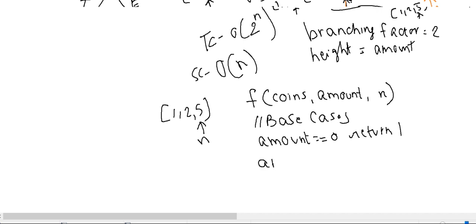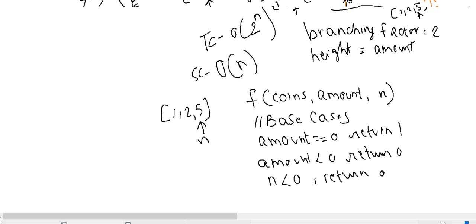But if my amount is less than 0, that means I cannot make that amount. So I'm going to return 0. And if my index, that is n, is less than 0, that means there are no more coins left for me to make that amount. So in that case also I'm going to return 0.